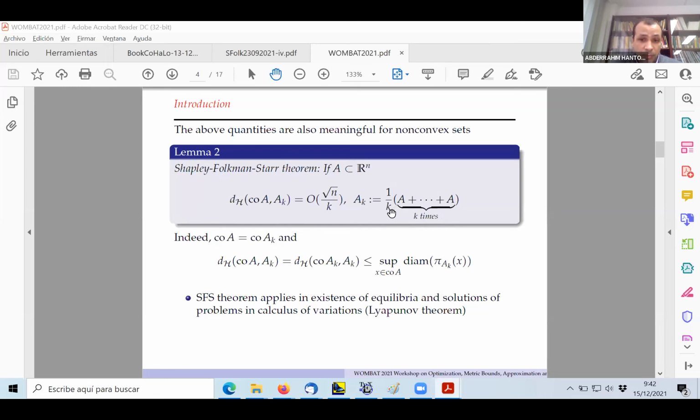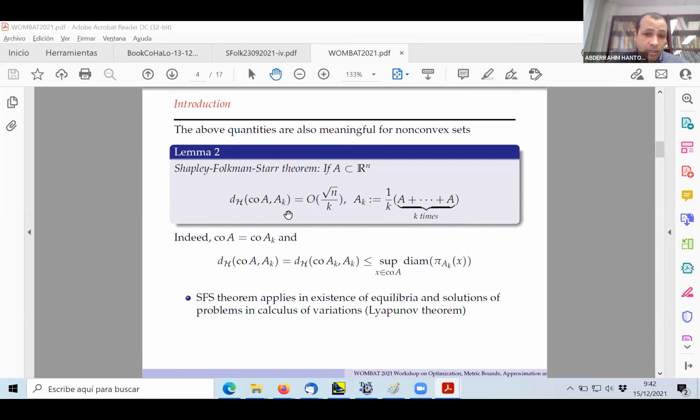Remember that the set A is not convex. The theorem says that the larger the parameter k, the closer the set AK is to the convex hull; in other words, AK converges in the Hausdorff distance to the convex hull of the set A.